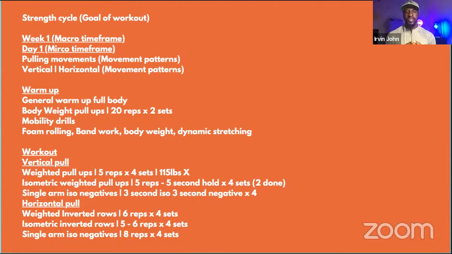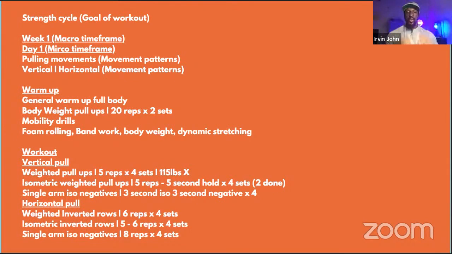We're doing pulling movements. So even using a band, you can warm up with the band, or body weight, just make sure the shoulders and the lats and teres muscles are warmed up. So you would start with that. So it's general, but then it comes down into general but more specific. And then you do the mobility stuff just to make sure, look, we don't want to get injured. We always start with that. And then you can also do foam rolling, band work, body weight, dynamic. That's just all these examples of different warm-ups that you can do for that specific muscle group.